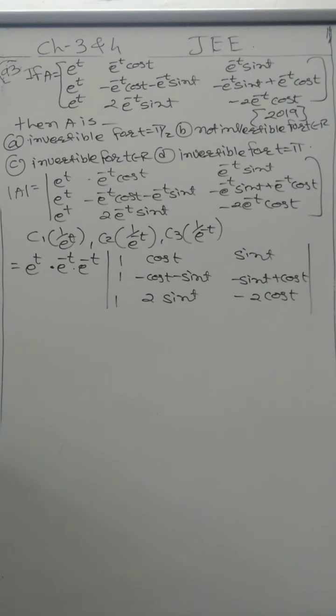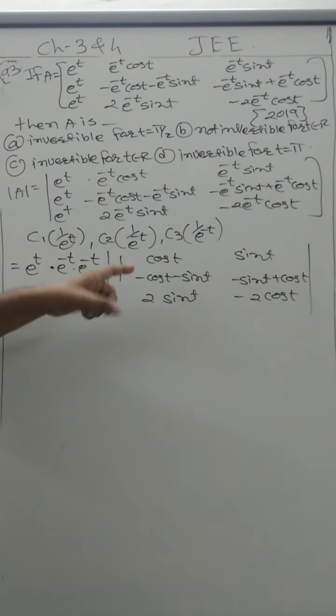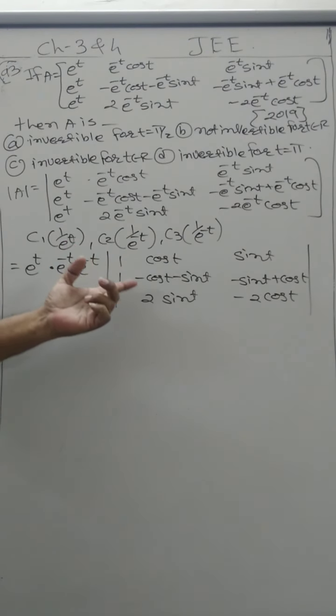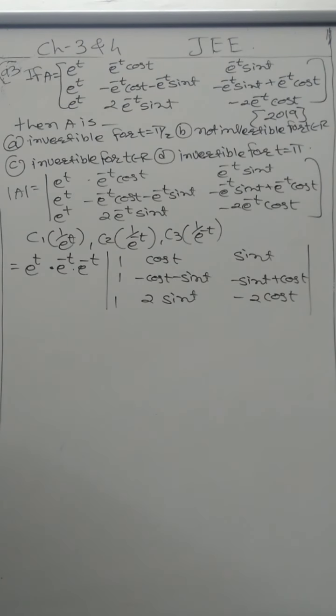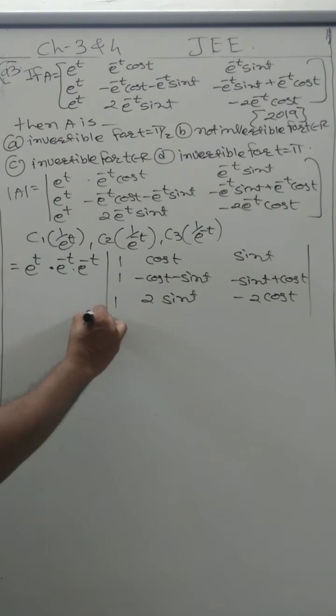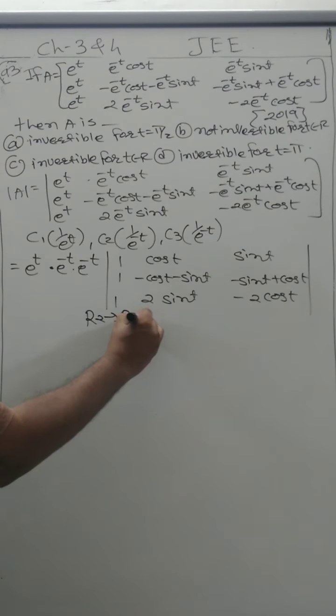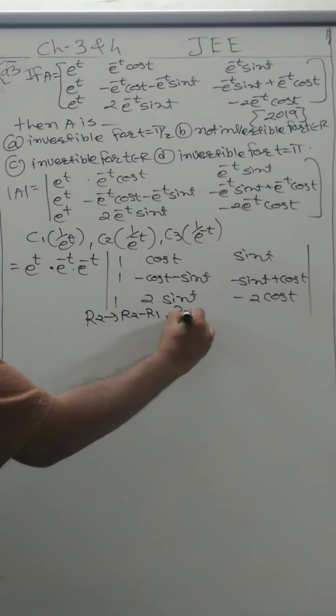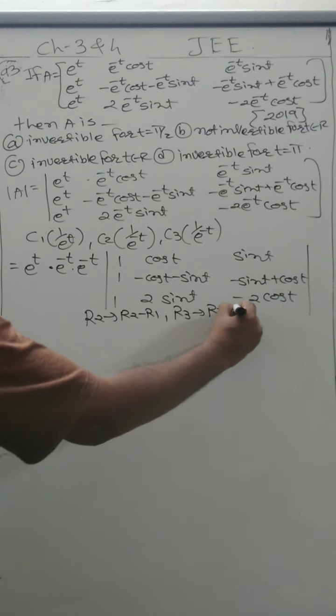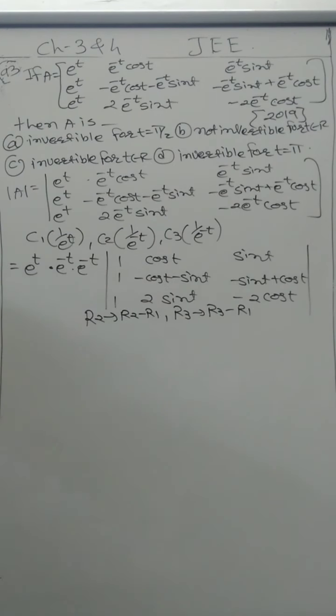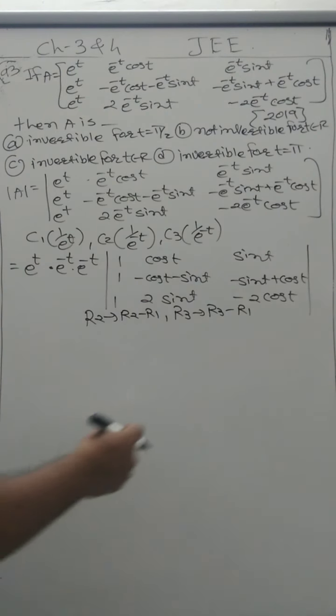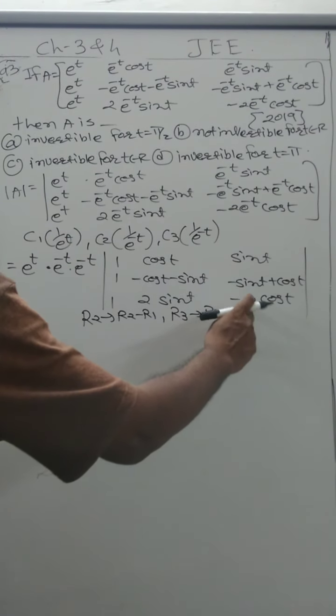We subtract the first row from the second and third, so R2 minus R1, R3 minus R1.